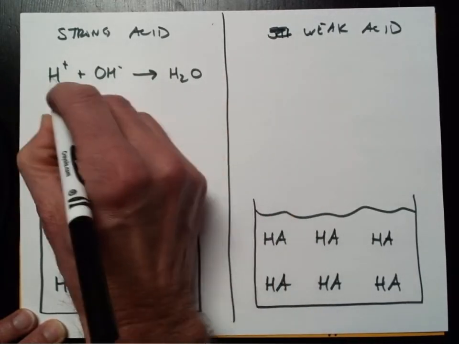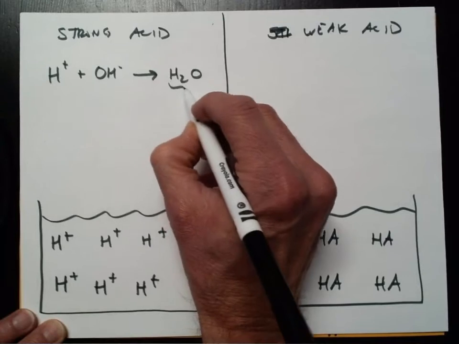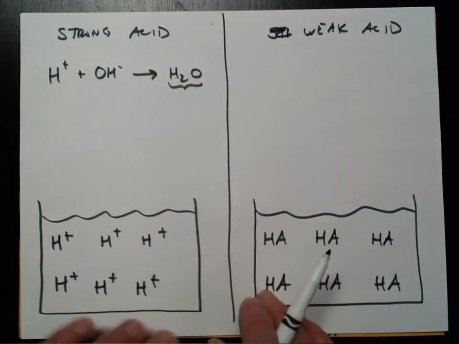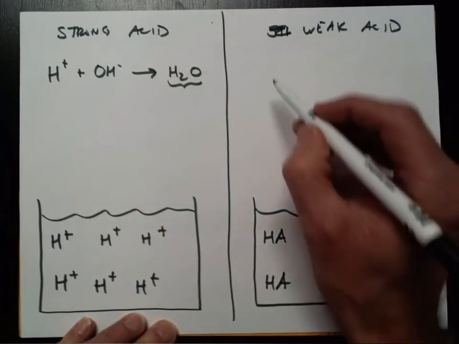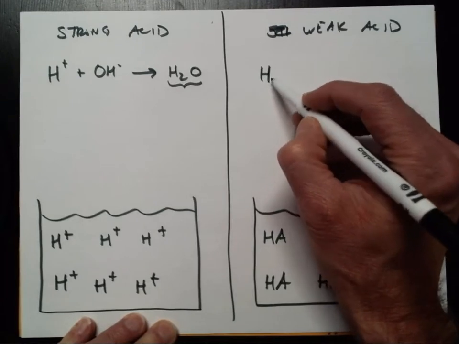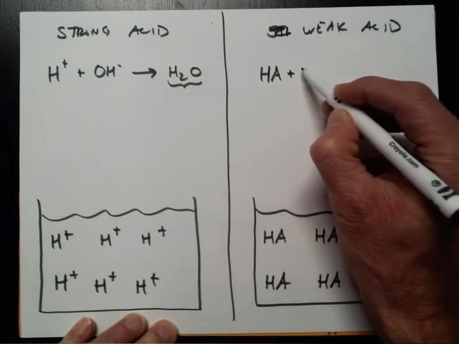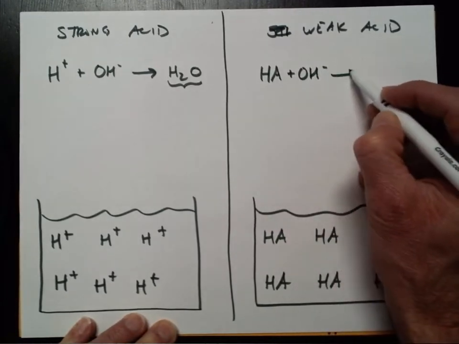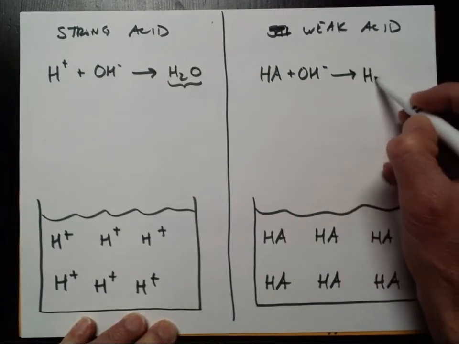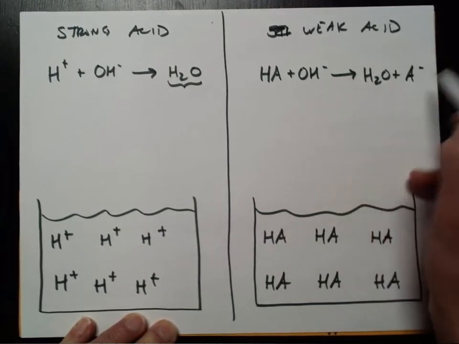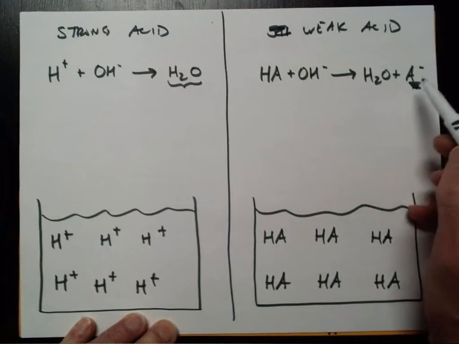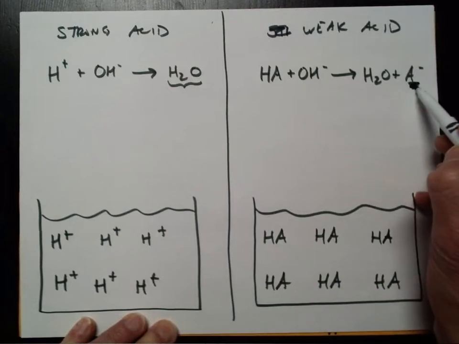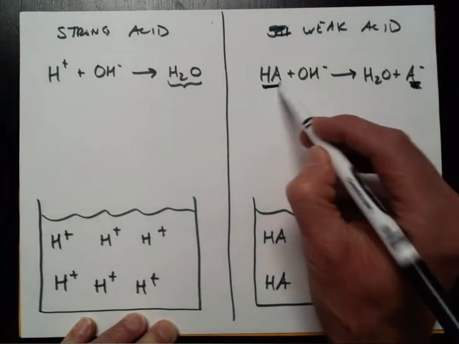In this case, after you add the base, you form something that does not affect the pH. In this case over here, you have the weak acid that reacts with hydroxide, and that forms water and the counter ion, the conjugate base to the weak acid.